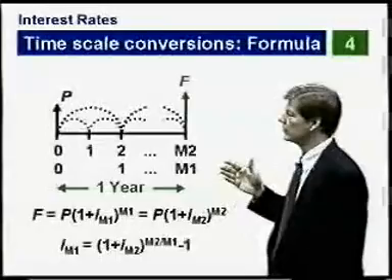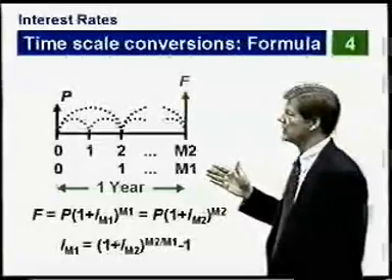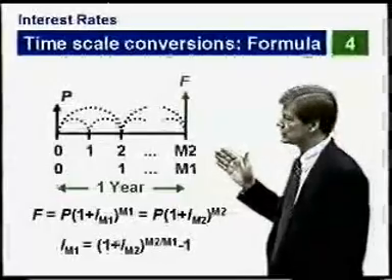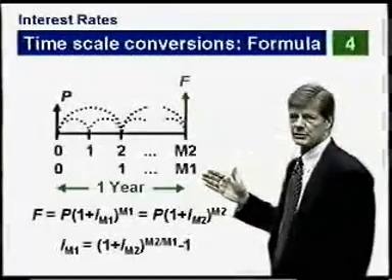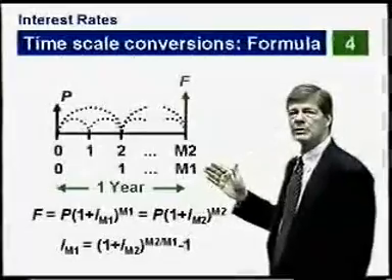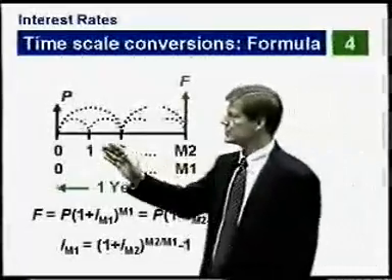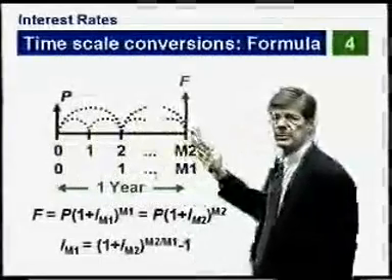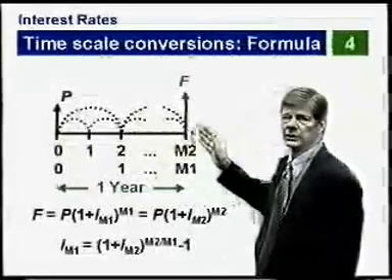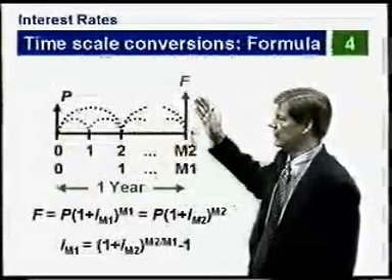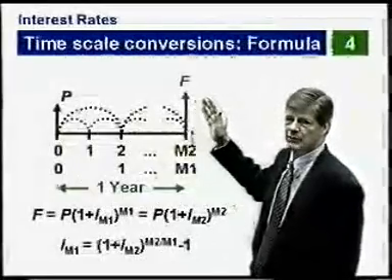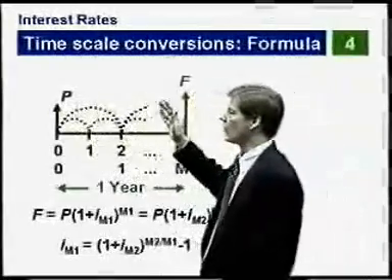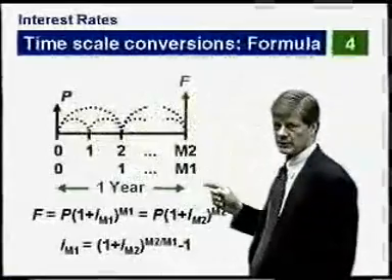Again, if I wanted to be able to convert an interest rate from a time scale of M2 periods per year to, say, M1 periods per year, I need to be able to demonstrate that if I took a present sum P and compounded it forward M2 times to accumulate a future sum F, that I would get the same future sum if I were to take that present amount P and compound it forward M1 times.